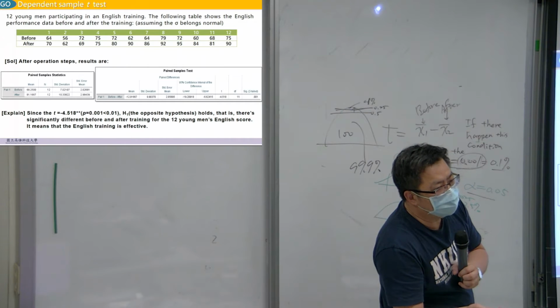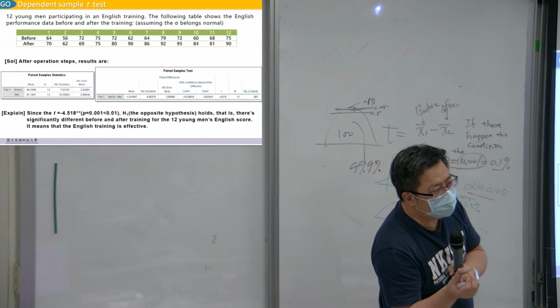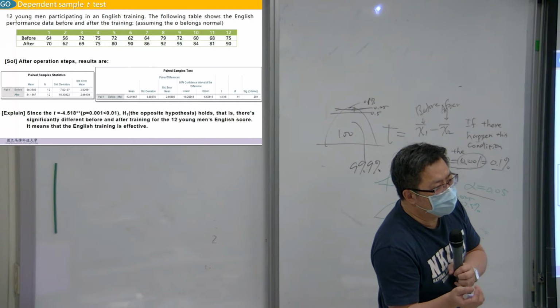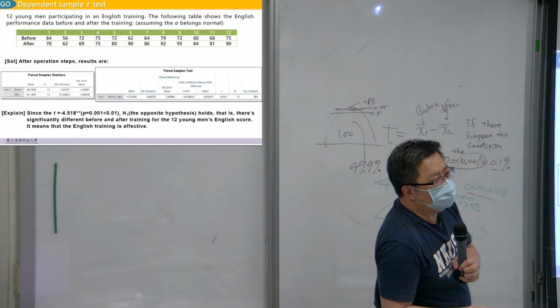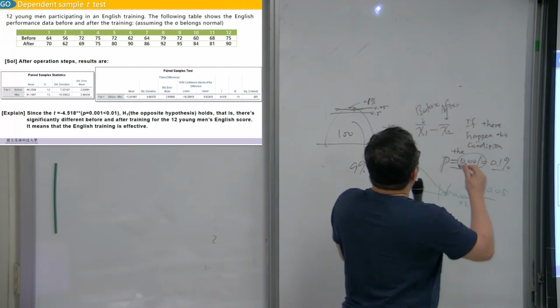The probability is very low, but it happened. So that means your sample is very, very significant, you're up to the significant level. So we can use the characteristics of our sample to infer the population.